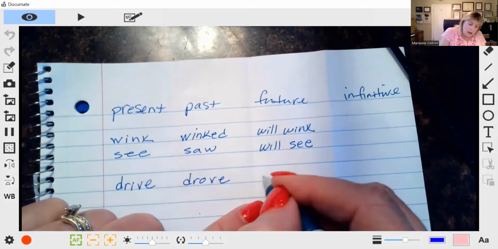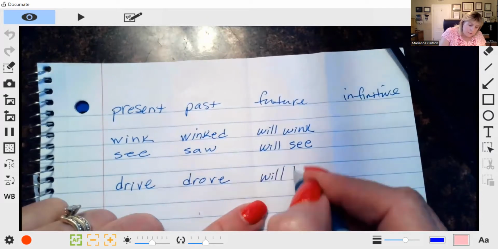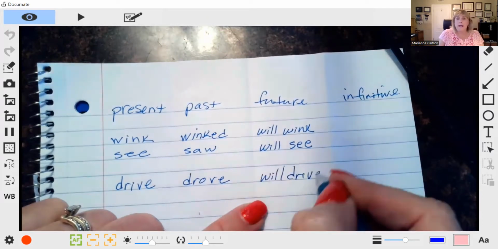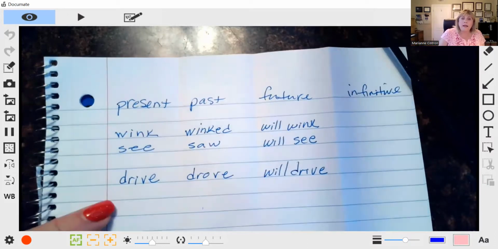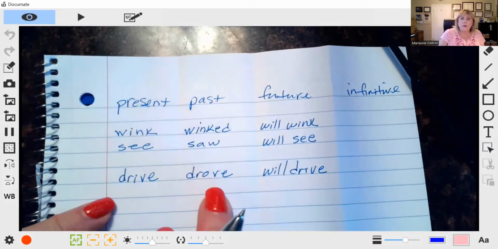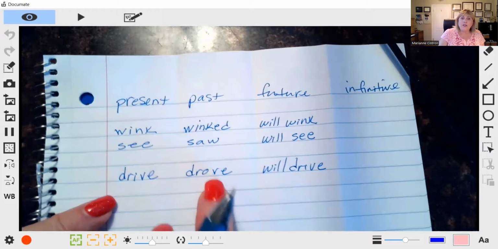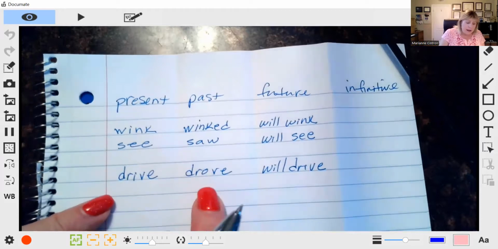Tomorrow, I will drive and get meat. So drive, is that a regular or an irregular verb? And she's going to say irregular. Yes, because it changes the vowel. Here's your O consonant E word, right?